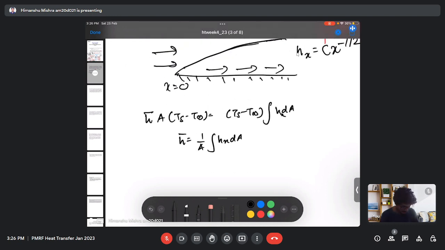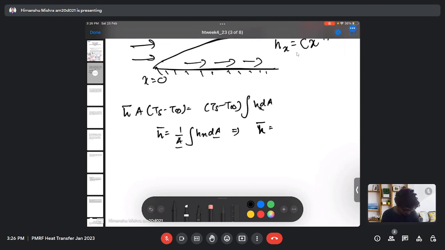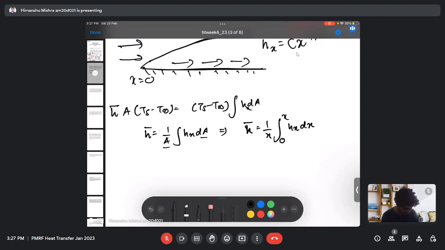Now, since we are dealing with external boundary layer flows, we don't require the area to be defined. We just write it in terms of the length, because we usually assume that the width is per unit, or unity. So I can define my average heat transfer coefficient in terms of x only.